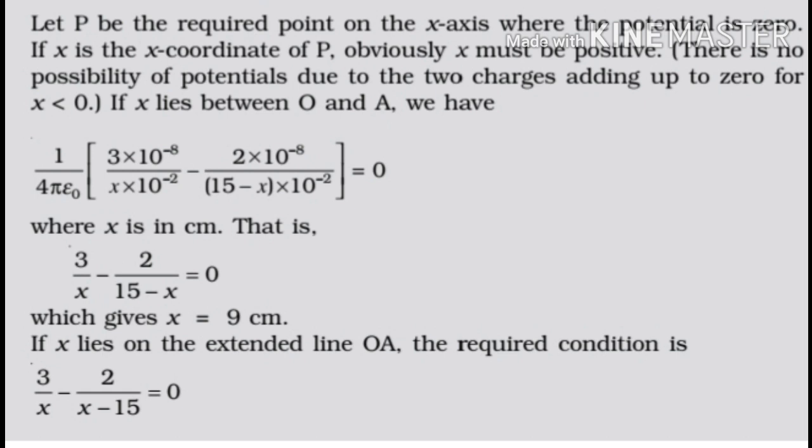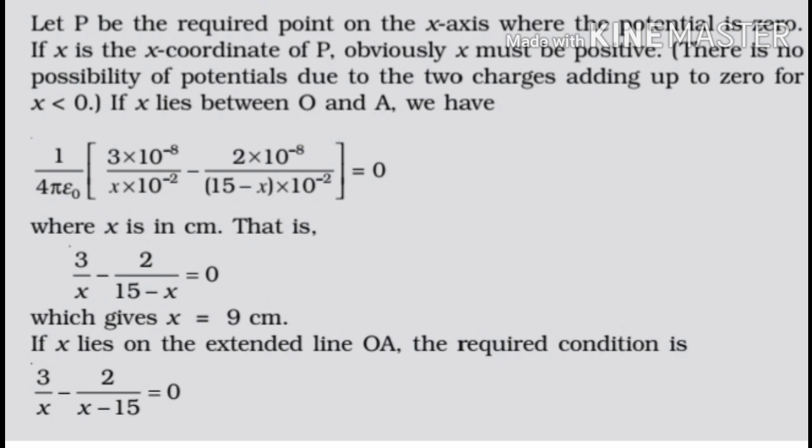So if x lies between O and A, we have the formula 1 by 4 pi epsilon 0 times (Q1 by x minus Q2 by 15 minus x) equal to 0, where x is in centimeter.